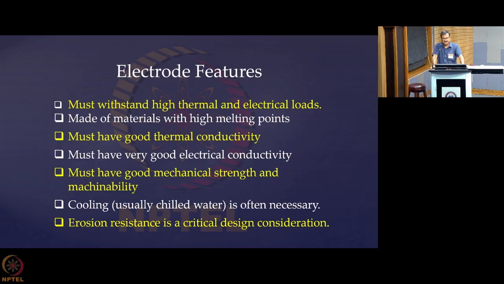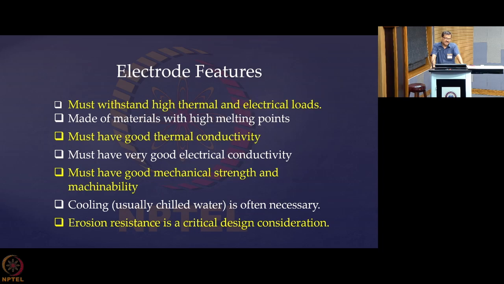We need to maintain the structural integrity of the device. Now, they must have good mechanical strength and machinability, because machinability is a very important requirement. You need to form your device, you need to design your device, and for that you need to machine the material in a way that your design requires.